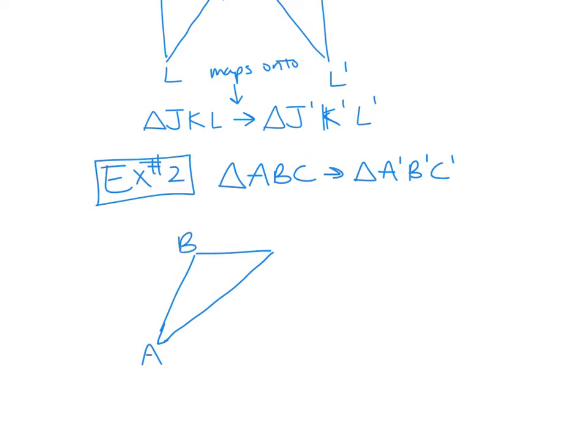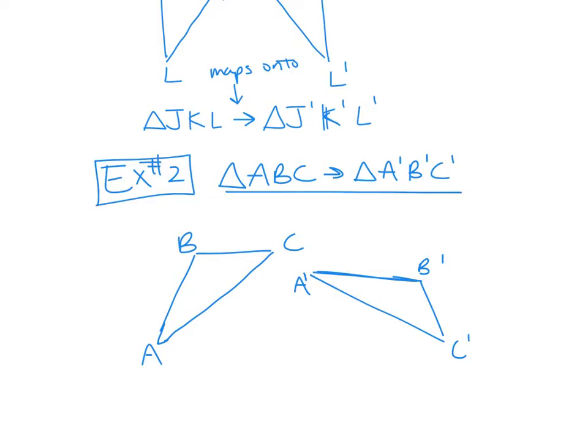We know what corresponds just by the order that's given, but they will often give you a picture too. But let's just say we had this setup. So here's A prime, here's B prime, here's C prime. Because I told you triangle ABC maps onto triangle A prime, B prime, C prime, you should be able to tell me corresponding angles and corresponding sides, okay?